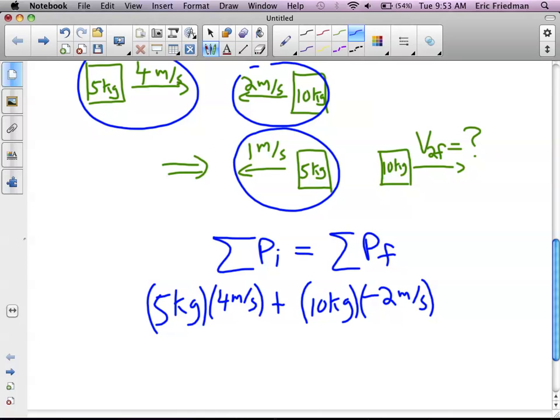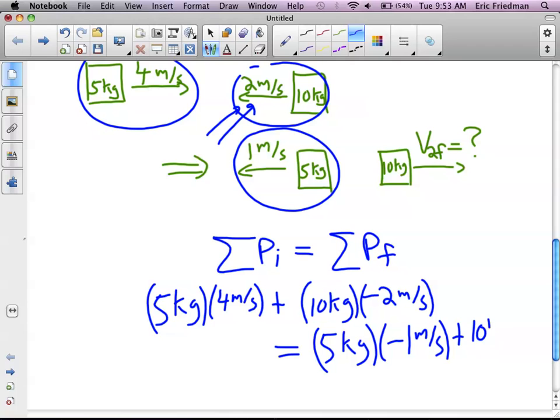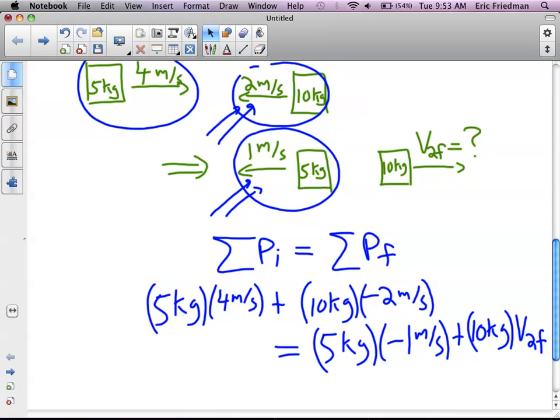Pay attention, that speed right there is a negative speed. And that's going to equal, now pay attention as well, I've got a negative speed here, 5 kilograms times negative 1 meter per second plus 10 kilograms times V2 final. Pay attention, that's negative as well. It makes a really, really big difference right there.